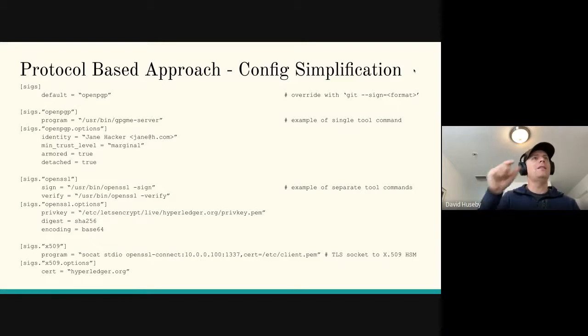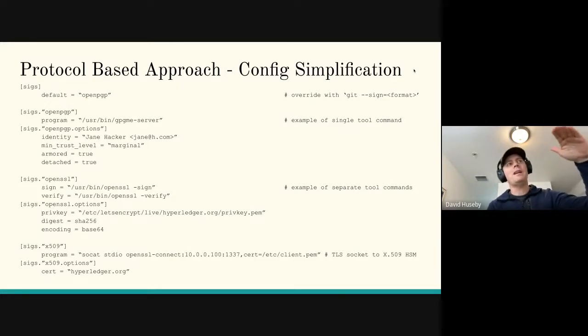And then the options section is just the default identity of the signer, and then any options related to the generation of the signature and the verification of the signature. And I'll show you how these are handled. But these are fairly freeform, the options, and they're passed through to the signing and verification tools verbatim.